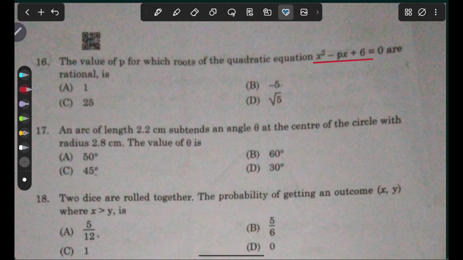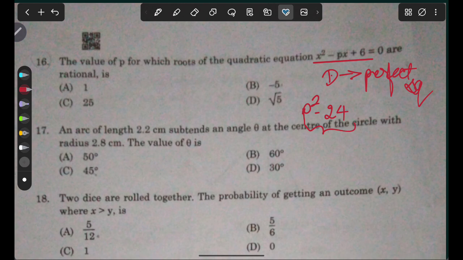That is, the discriminant should be equal to a perfect square. The discriminant should be a perfect square for the roots to be rational. What is the discriminant? B square minus 4ac. So p square minus 4ac, 6 4 is 24, should be equal to a perfect square. This must be a perfect square.